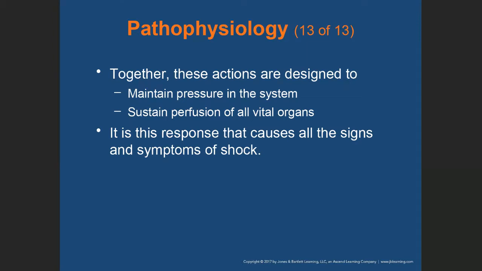The skin color is going to change. So the skin is going to become pale, and eventually you might see cyanosis if the blood is not properly oxygenated. Because blood is being redirected away from the peripheral areas, and blood carries heat, the temperature of the peripheral areas is going to change.